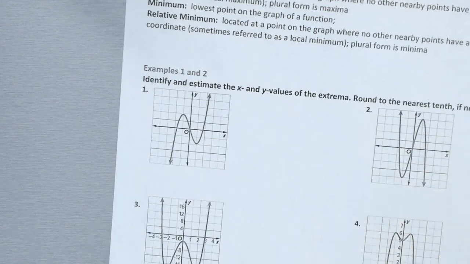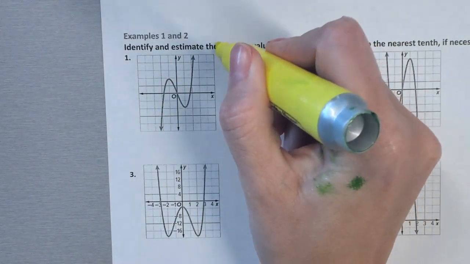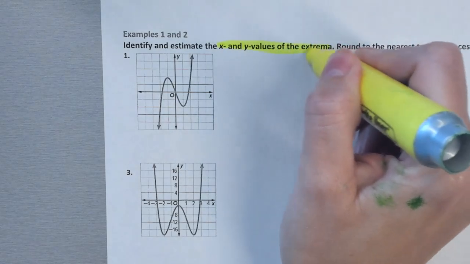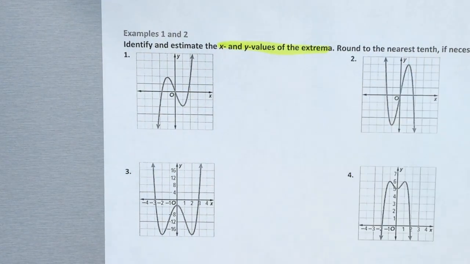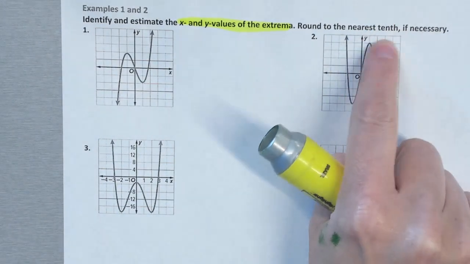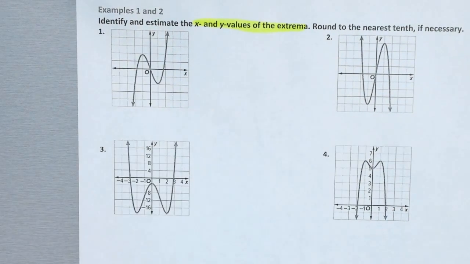They don't always ask you to write it as a coordinate point, so that's why I'm drawing your attention to that. And if you need to, you will round to the nearest tenth. We're going to do this more frequently when we're using a calculator, but because we're doing estimations with the graph, we aren't going to have to do that much today.